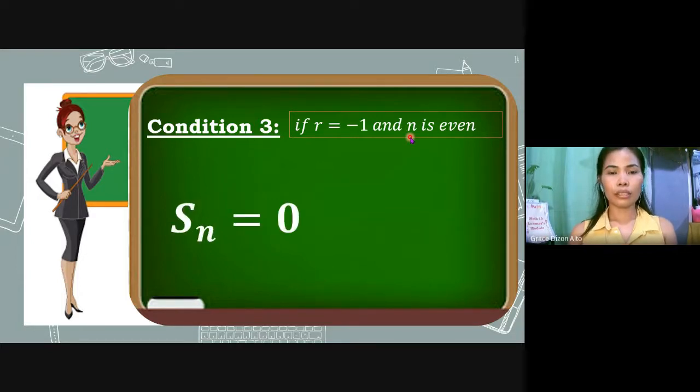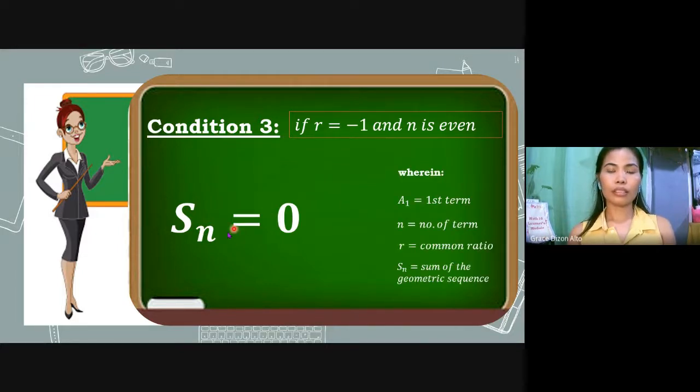So the sum of the geometric sequence whose ratio is -1 and whose n is even is equal to 0. All right, same legends. You don't need to solve on this condition number 3, as long as you have evaluated the common ratio and the number of terms.